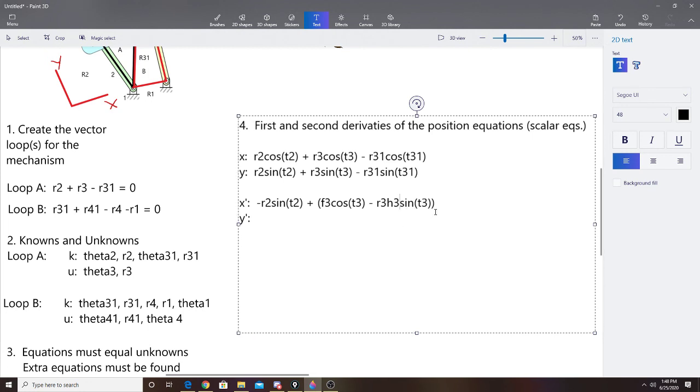But this made sense to you though, the derivative? That was good? All good there? Okay. Alright, and then minus R31 and cosine theta 31. So both of these are known if I recall. So you treat them sort of the exact same as before.